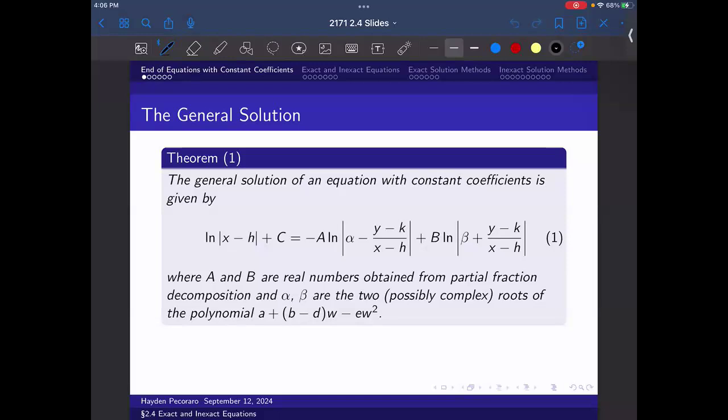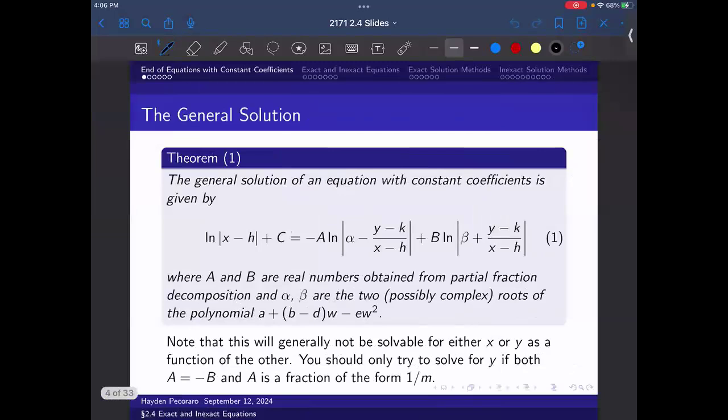Well, A and B come from partial fraction decomposition. So the general form of the solution for an equation with constant coefficients requires you to integrate a rational function where the denominator is a quadratic. And that's where A and B come from. Alpha and beta come from having to factor the denominator when you do that integration.